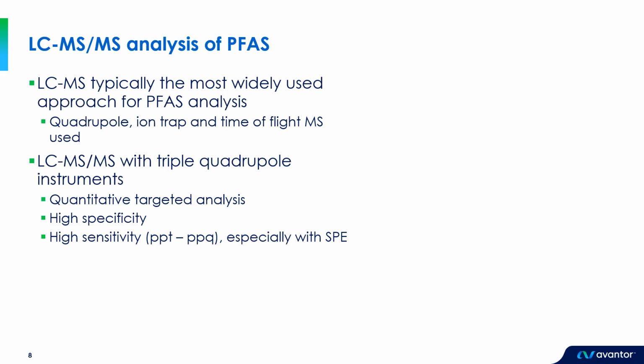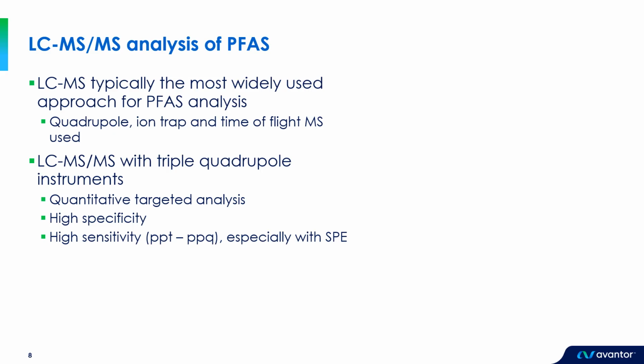LC-MS is typically the most widely utilized approach for PFAS analysis, with triple quadrupole, ion trap, and time-of-flight mass spec methods widely utilized. Here I'm primarily going to look at tandem mass spec performed with a triple quadrupole instrument, as this provides us with a powerful technique for the quantitative targeted analysis of a specific set of target PFAS compounds, and very much provides that high level of sensitivity that we require.